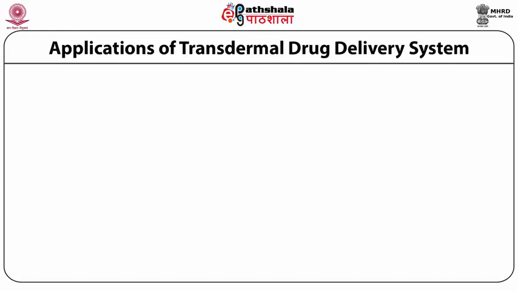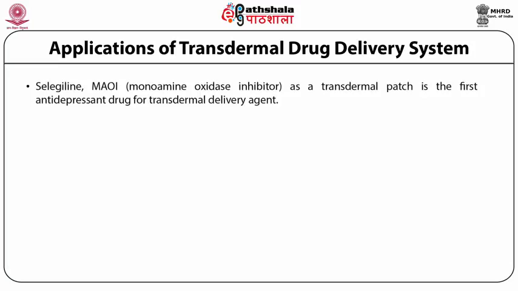There are many categories of the drugs which have been successfully formulated into the transdermal drug delivery systems. Amongst them is the selegiline, which is a monoamine oxidase inhibitor and is probably the first antidepressant drug which has been formulated in a transdermal drug delivery system.